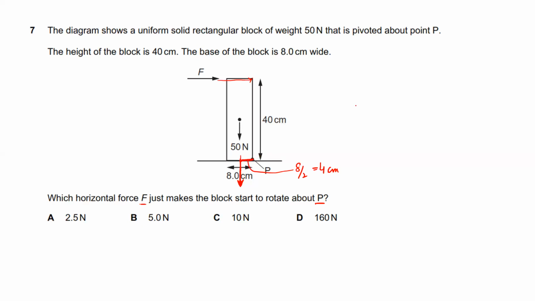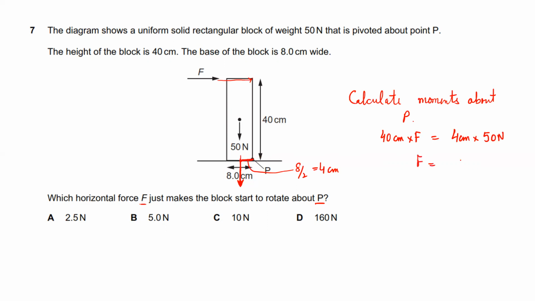So let's calculate moments about P. The sum of clockwise moments is equal to the sum of anti-clockwise moments. So we can say that 40 centimeters multiplied by force is equal to 4 centimeters multiplied by the weight acting downwards.